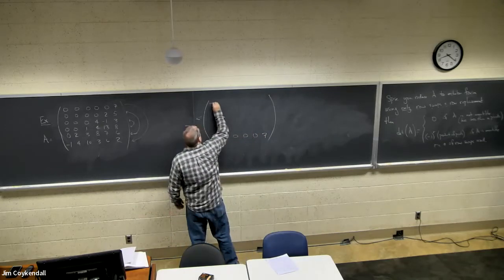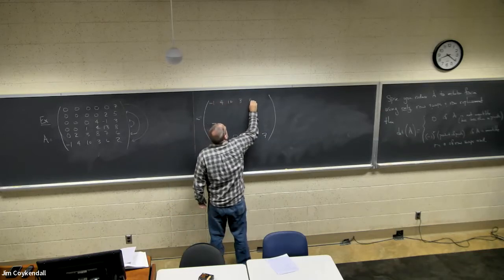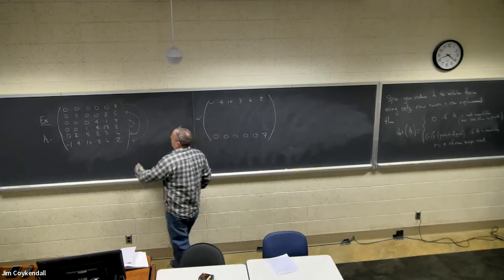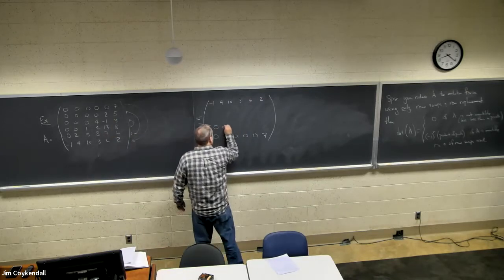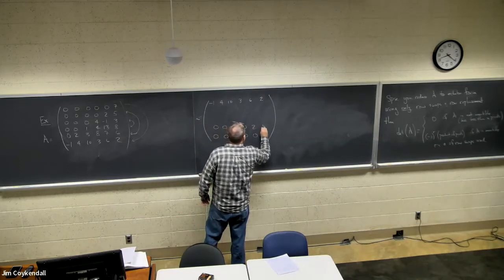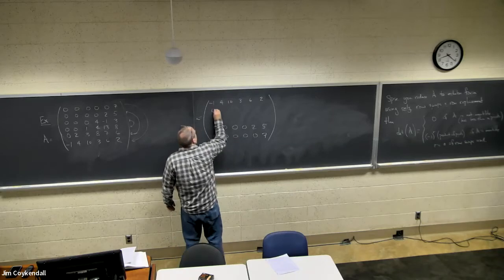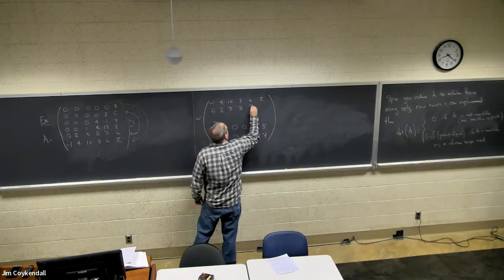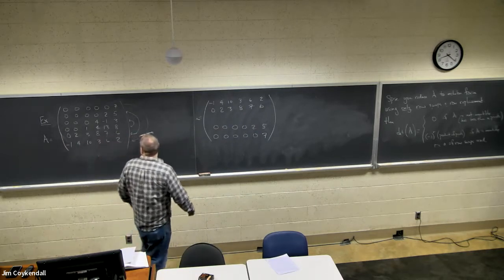And -1, 3, 6, 2. And swap rows 2 and 5. And that was 0, 2, 3, 8, 7, 6. And then swap rows 3 and 4.